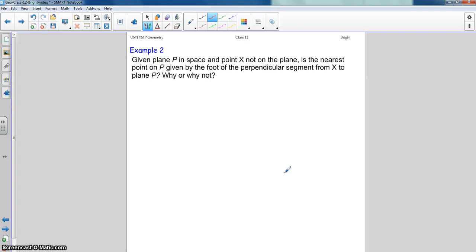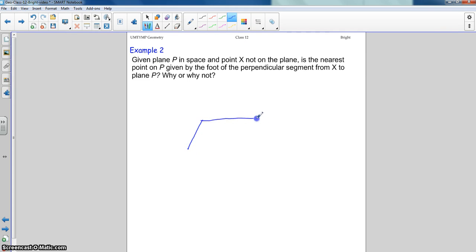In example 2 here, this is more of a reasoning problem, I wouldn't say a proof type problem. In addition to our solution, if we determine yes or no, we need to explain why or why not. We're given a plane P, so I'm going to draw that.